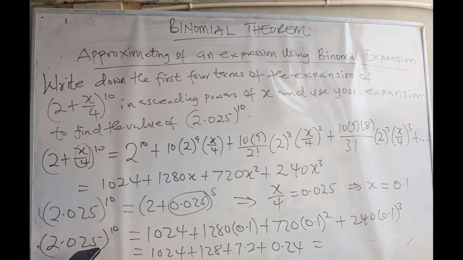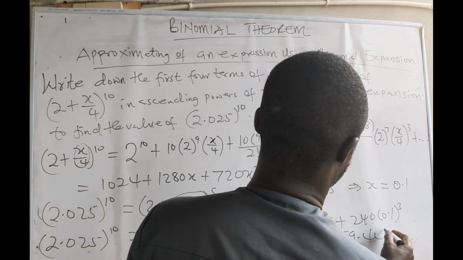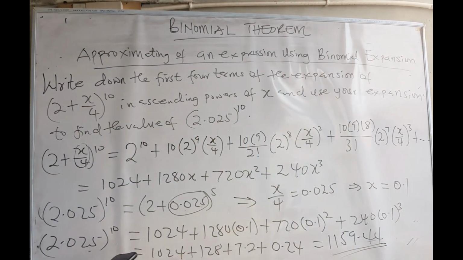So when we add everything, we have 1024 plus 128 plus 7.2 plus 0.24, and that will give us 1159.44. So this is our final answer.